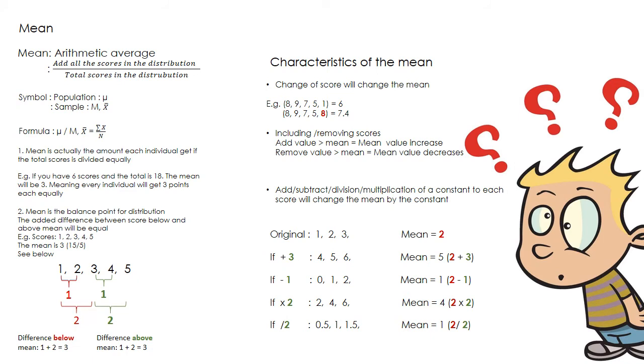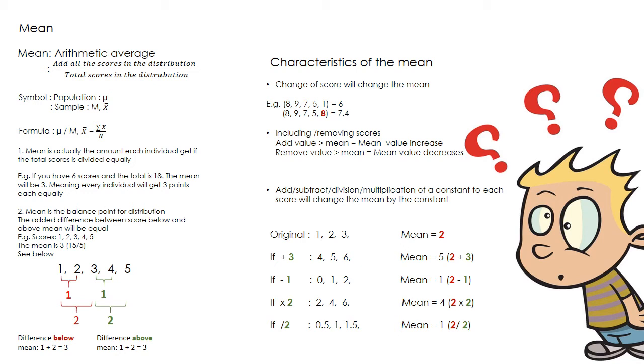So let's talk about what the mean is all about. The mean, as we said, is just the arithmetic average. How do you get the average? We add all the scores in the distribution and divide by the total number of scores in the distribution. It's as simple as we usually do. When you are using the mean in statistics, you have to remember the symbol that we use.